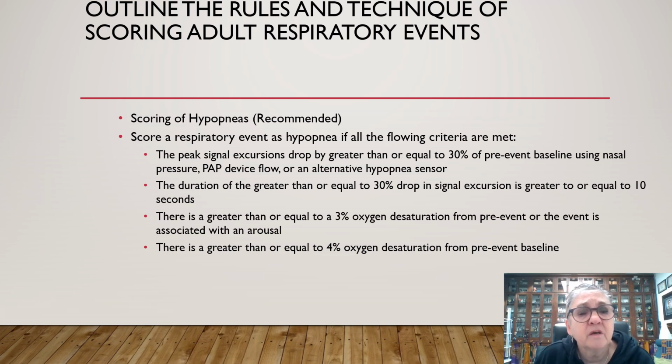The duration of the greater than or equal to 30% drop in signal excursion is greater than or equal to 10 seconds. There is a greater than or equal to 3% oxygen desaturation from pre-event baseline, or the event is associated with an arousal. The alternative is a greater than or equal to 4% oxygen desaturation from a pre-event baseline.